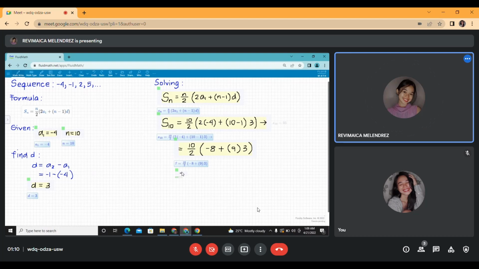Then equals 10 over 2 times negative 8 plus, so 9 times 3 is equal to 27.